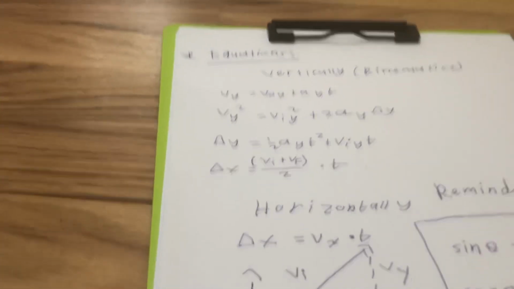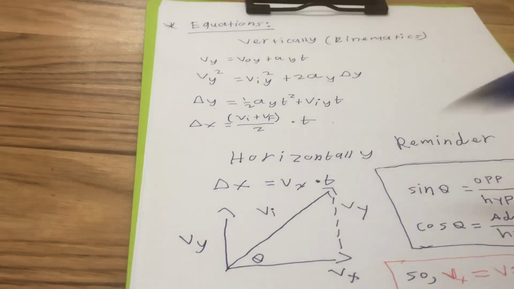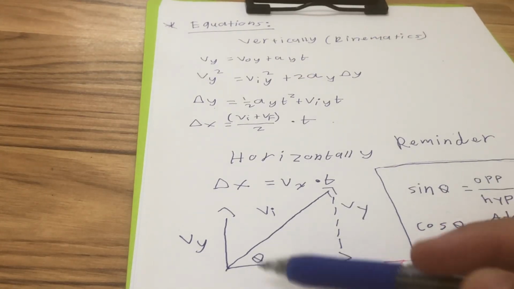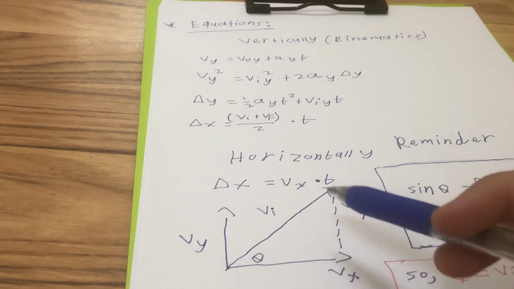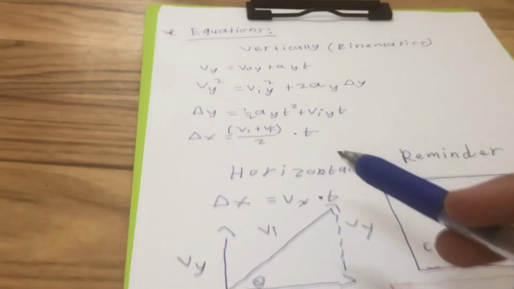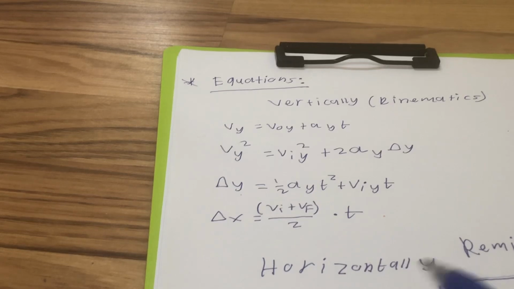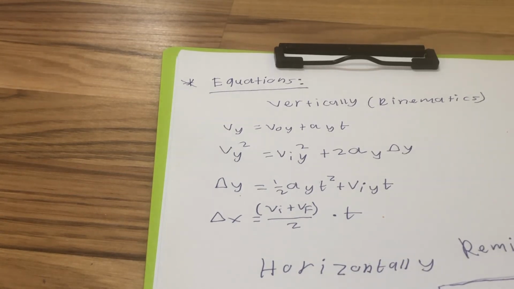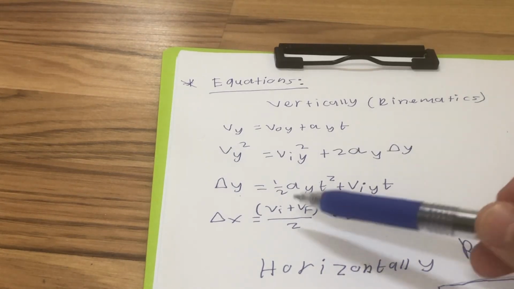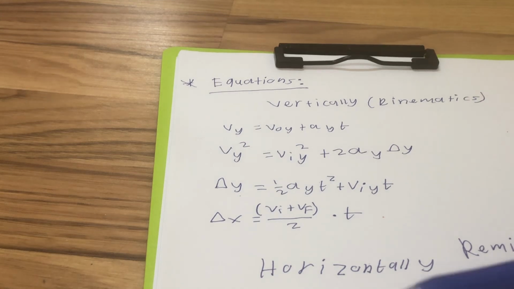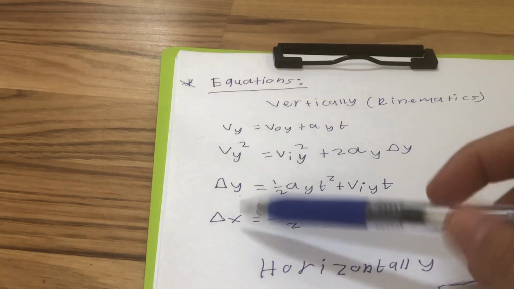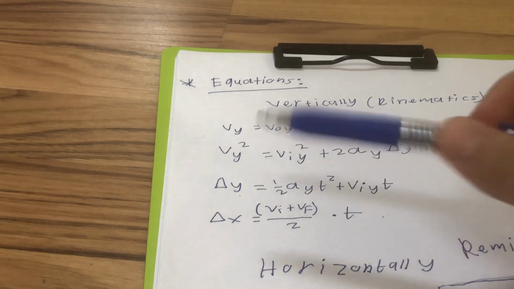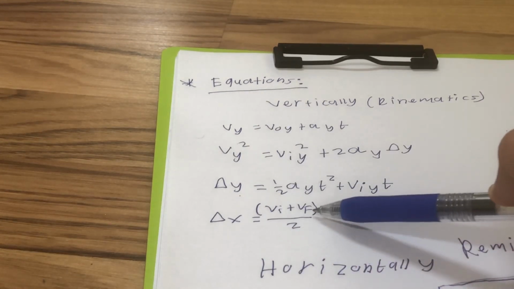But here we can't use it, because here there's an angle theta, and here we use trigonometry. There is no direct relation between this formula and trigonometry, and this formula involves delta x, and there is no Viy and there is no VF.